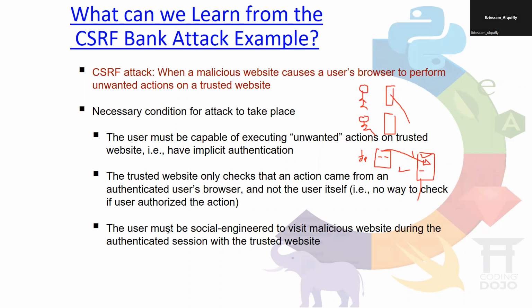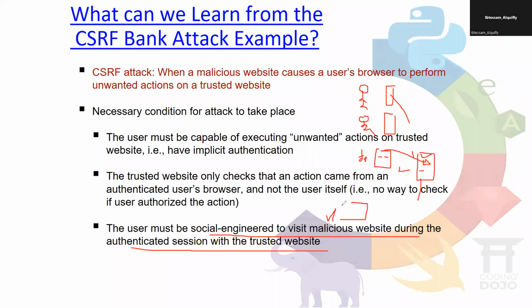Also, one of the conditions required for this attack to take place, and I mentioned it at the beginning of the lecture, is that the user must be socially engineered to visit a malicious website during the authenticated session with the trusted website. So this is definitely a condition. Why?